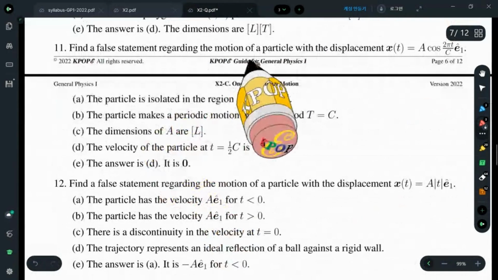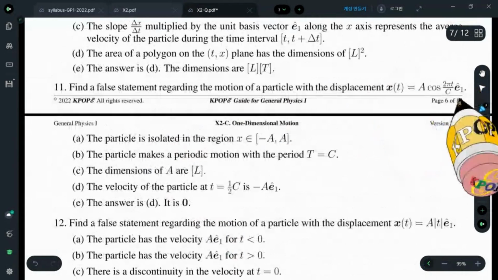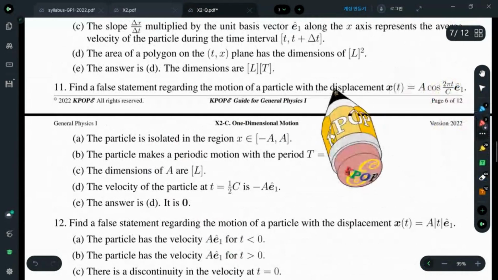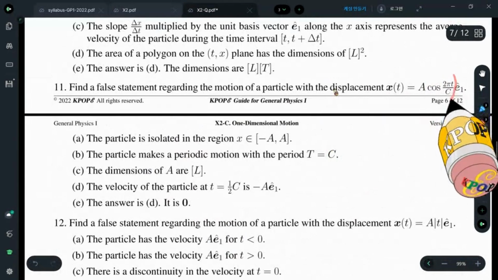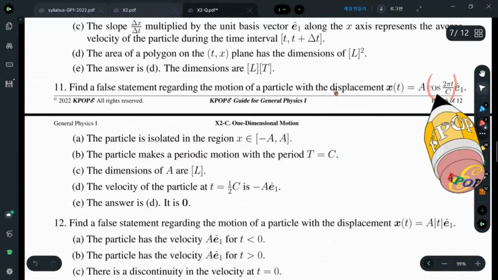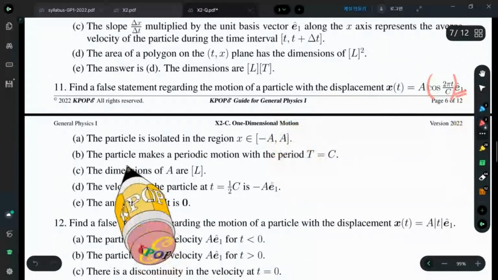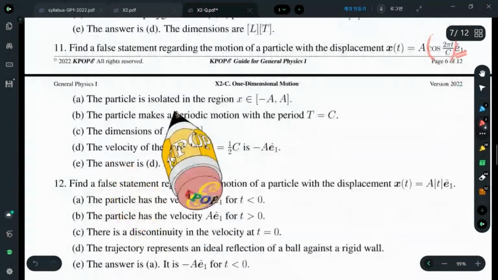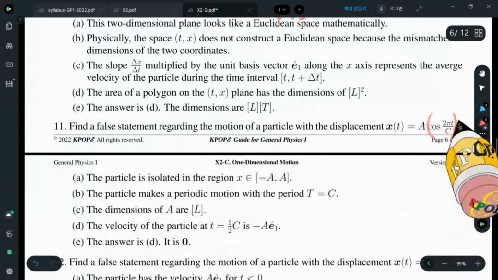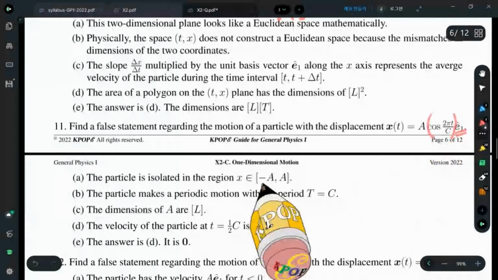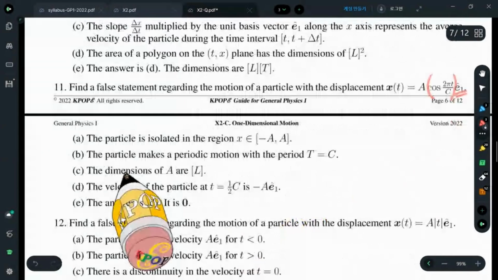Find the false statement regarding the motion of particle with the displacement. This is oscillating. You know this cosine has argument this, and this is unit vector. Particle is isolated in the region. You know, cosine oscillates from -1 to +1. The range of x is -a to a.